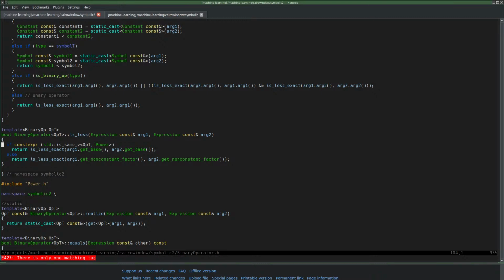I mean, we are in product, and product is derived from binary operator passing product. So it's not a power, therefore we do this. Compare exact, the non-constant factor. That is incorrect. We want to compare the base.